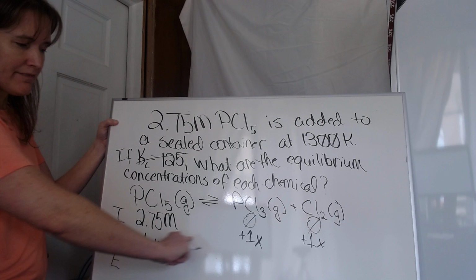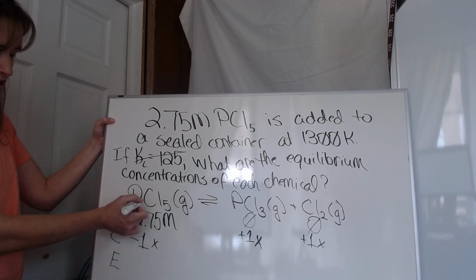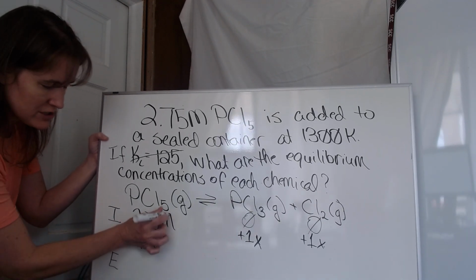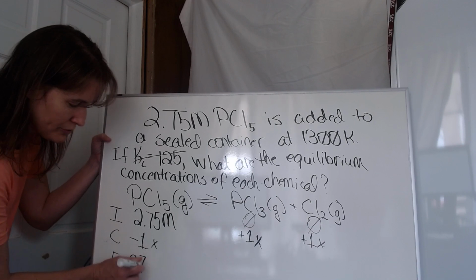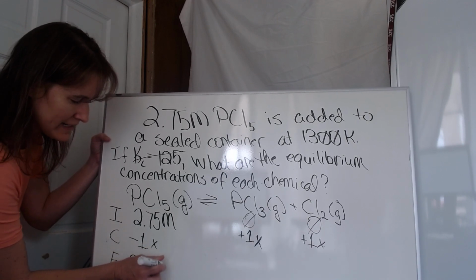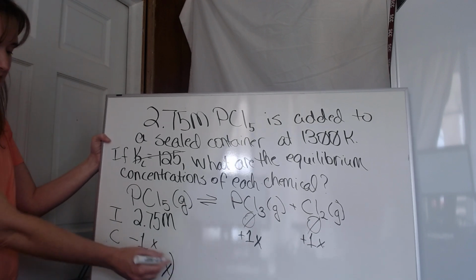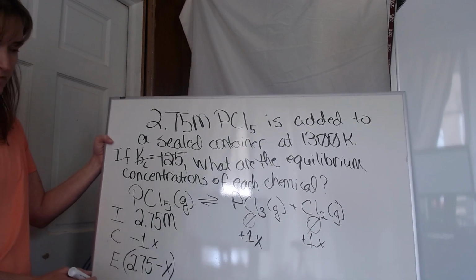Now that we have information in the row where change occurs, you're just going to do the math to come straight down. So this would be 2.75, and just don't include the unit. It'd be 2.75 minus x. So the quantity of PCl5 at equilibrium will be 2.75 minus x.